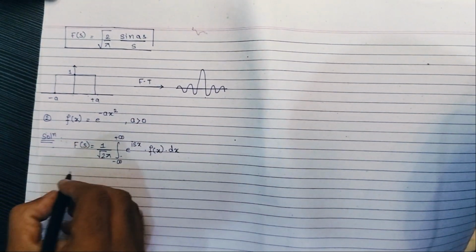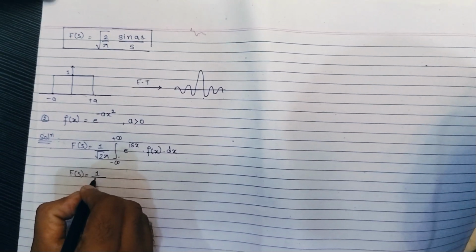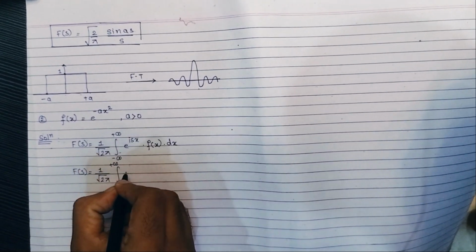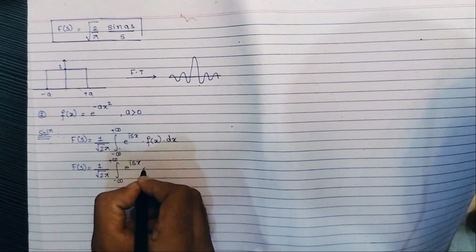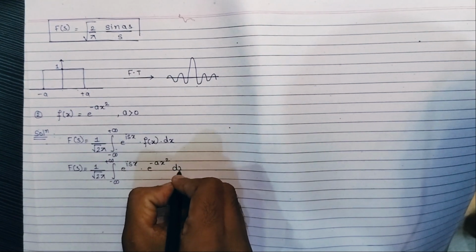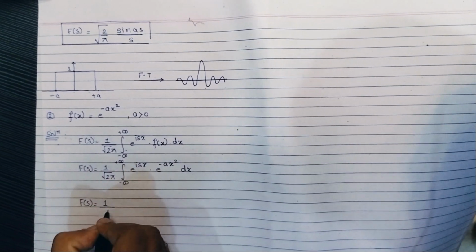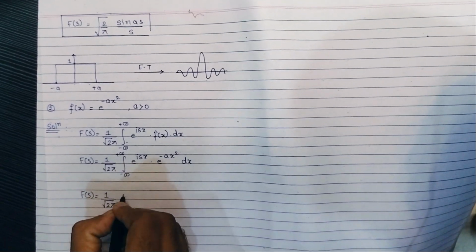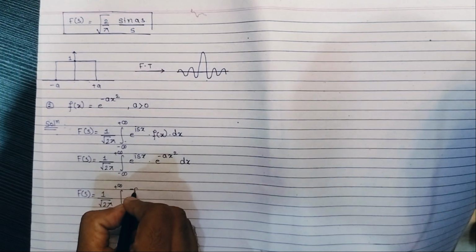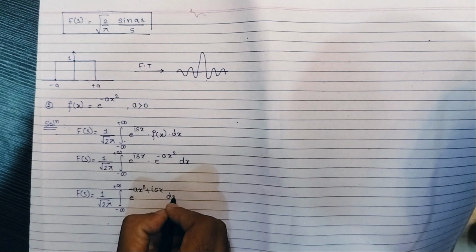Now this F of s will be equal to 1 upon under root of 2 pi, integral from minus infinity to plus infinity of e to the power isx into e to the power minus ax square dx, which can be written as F of s equal to 1 upon under root of 2 pi, integral from minus infinity to plus infinity of e to the power minus ax square plus i times sx dx.